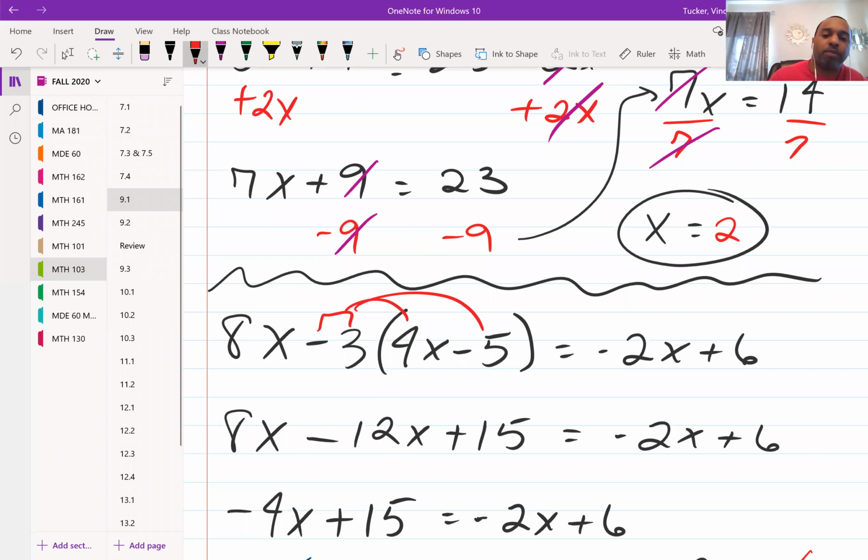So distribute negative 3 to both terms in the parentheses. So negative 3 times 4x is negative 12x, which is right here. And then negative 3 times negative 5 would be positive 15. Now, both of these x terms are on the same side, so we can go ahead and bring them together. Go ahead and add those together. Positive 8x and a negative 12x is this negative 4x right here.